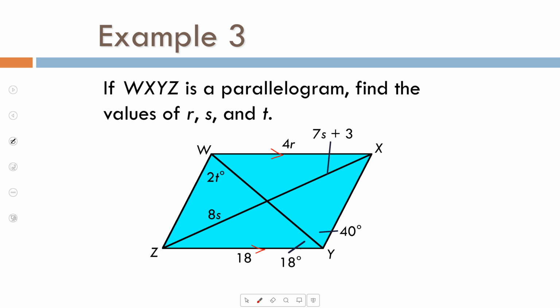In particular, alternate interior angles. And lastly, vertical angles. So those rear their ugly heads later on.